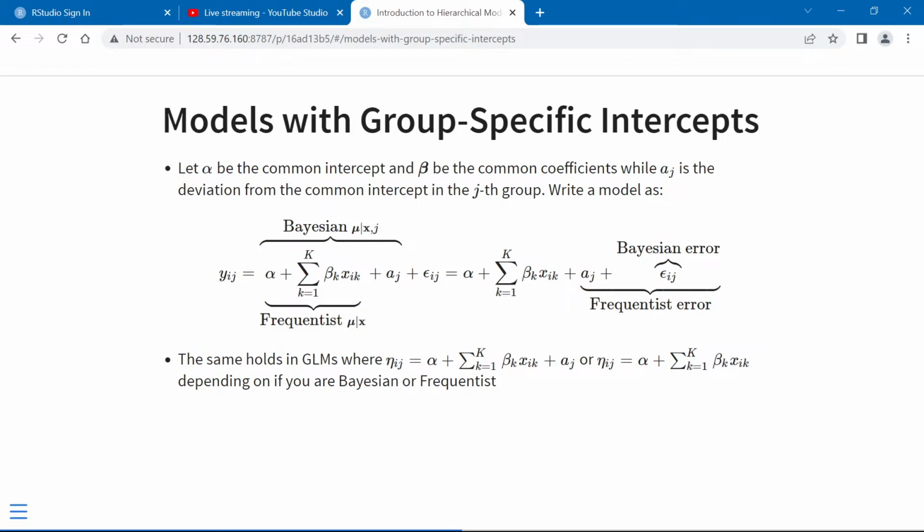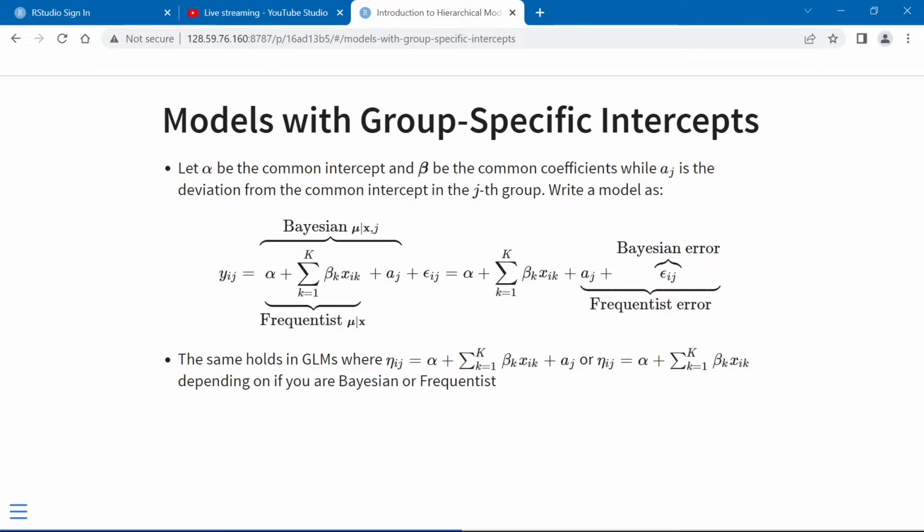And so let's start with a model that has common coefficients, beta, across all the big units, and alpha, let that be a common intercept term, also sometimes referred to as a global parameter, even if we're not talking about sampling across the whole globe. But global relative to the a sub j's, which is the deviation from the common intercept in the j'th group.